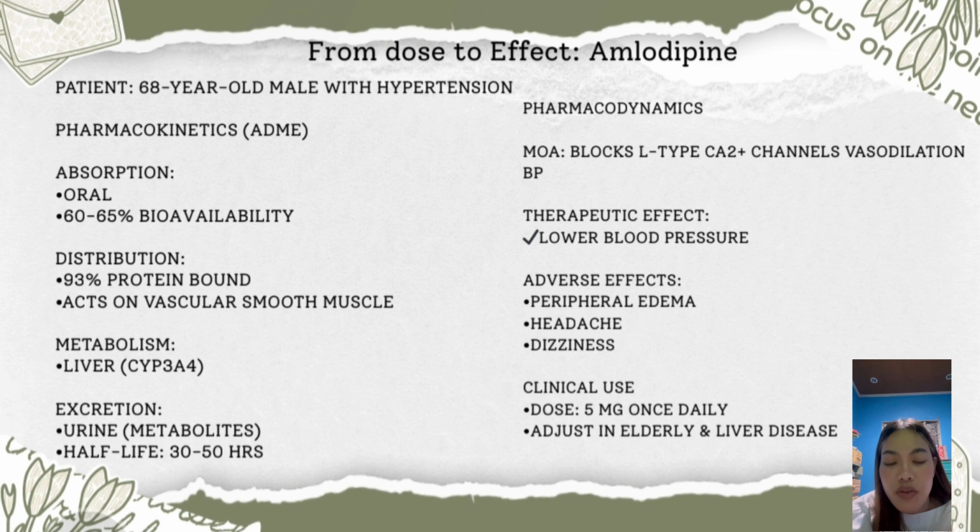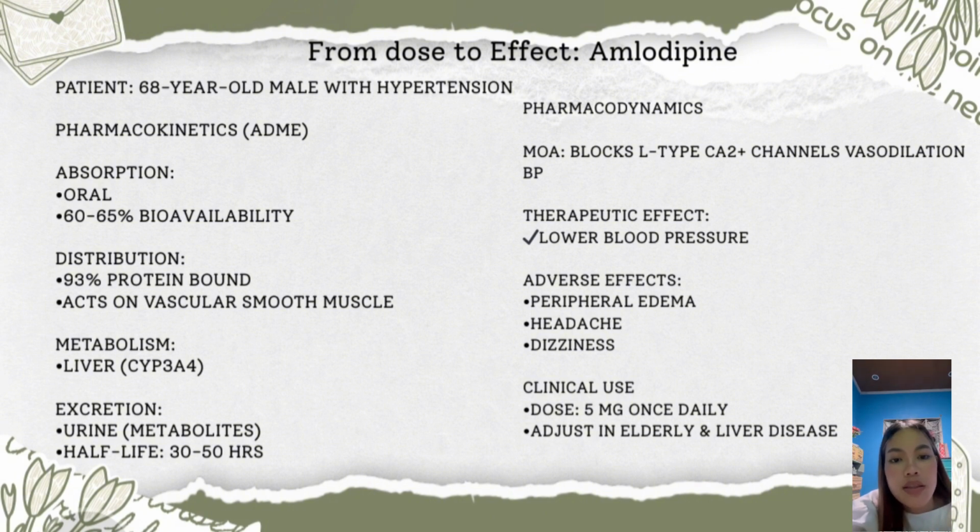Other adverse effects include headache, flushing, and dizziness. This occurs because vasodilation also affects normal blood vessels. So next is the therapeutic index. Amlodipine has a relatively wide therapeutic index, meaning it is generally safe when used within the recommended dose.